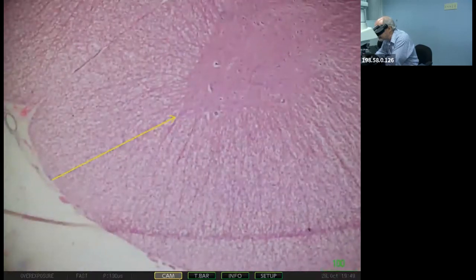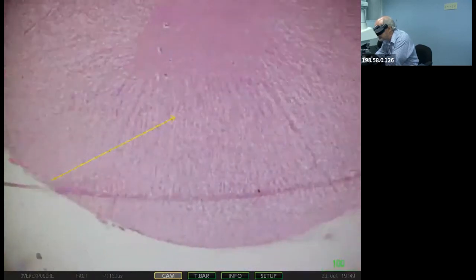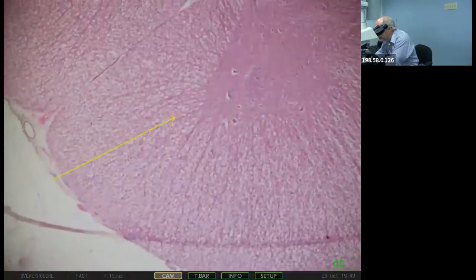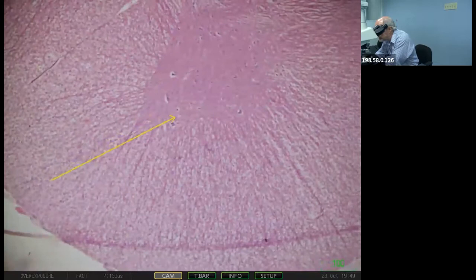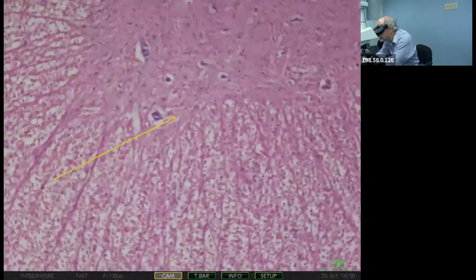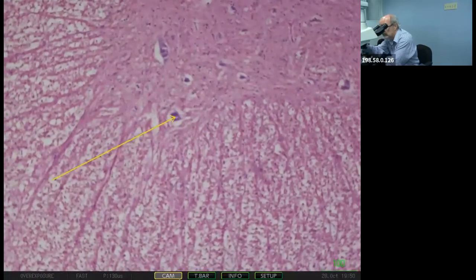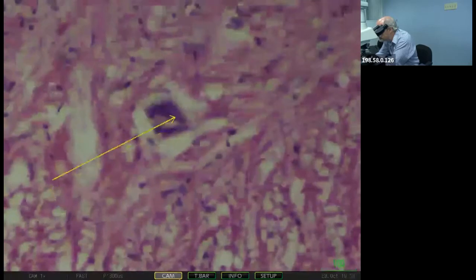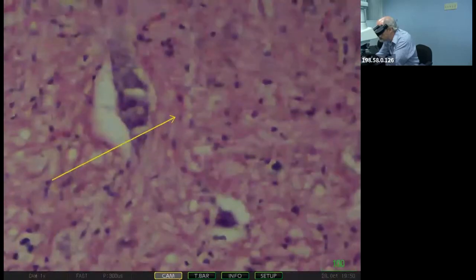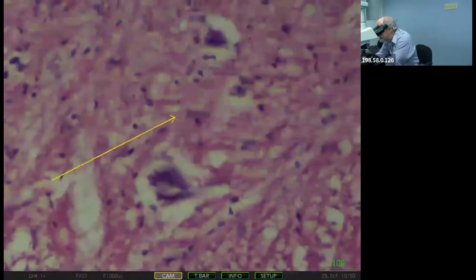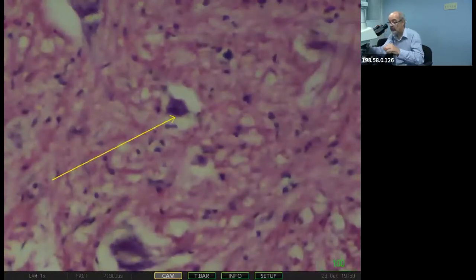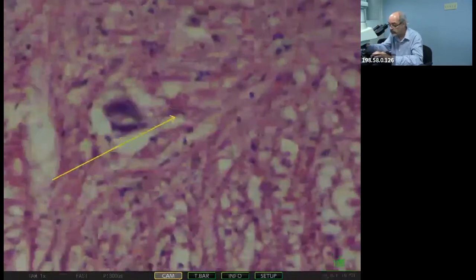Here you have the roots, which are leaving the ventral horn of your spinal cord. So let me go to higher magnification here. They are not the best. The weather stand here is not so great, because you have a lot of artifacts.